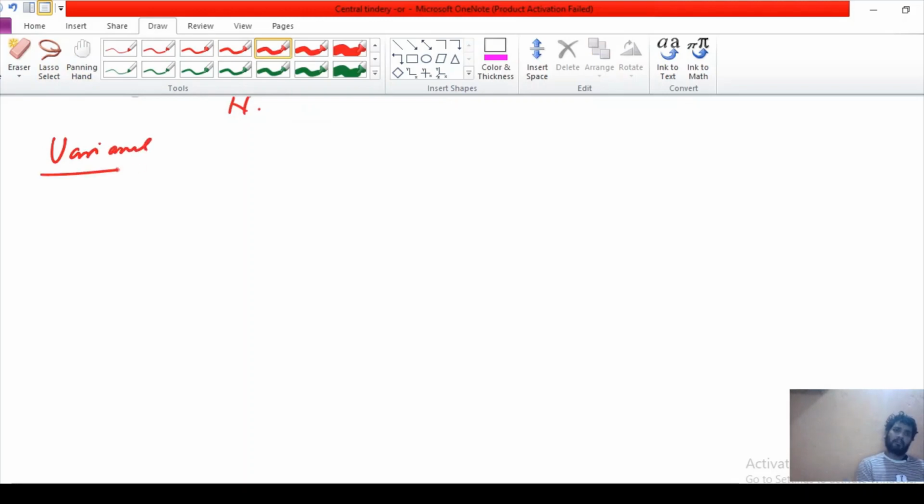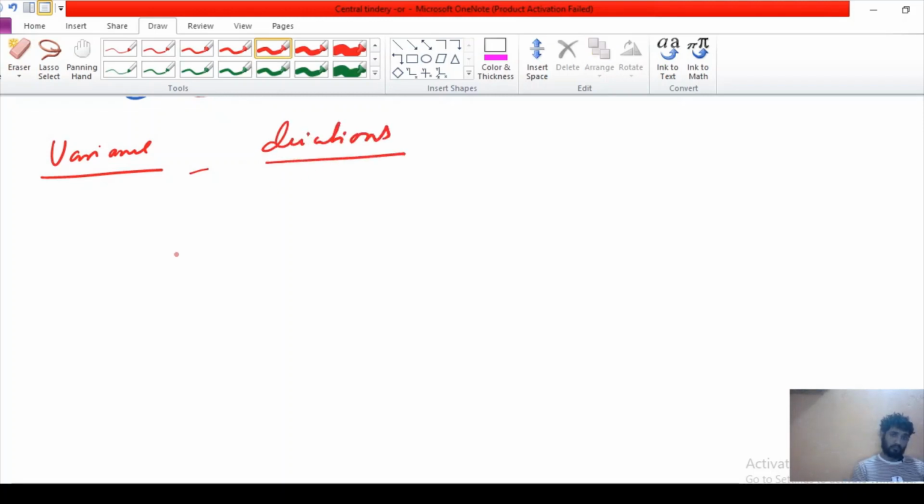Variance, it is totally based on the formula we have studied earlier. What? Deviation, squaring of all deviations, right? So x minus x bar.